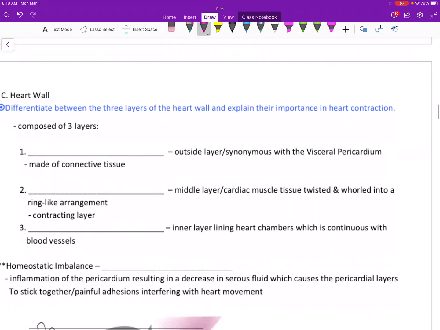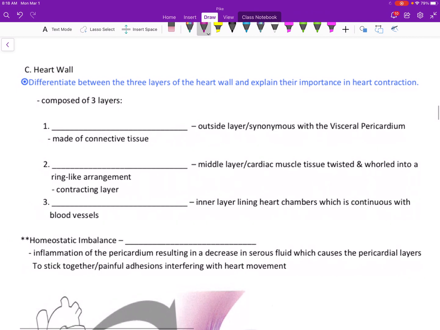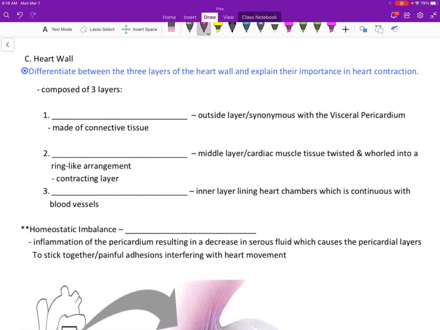Okay? And then the heart wall, we'll put the words in and then I will go show it to you on your picture. The heart wall itself has 3 layers also. So there's really 3 layers of wrapping paper, and there's 3 layers of the heart wall. But altogether, there's only 5 layers because 2 of them are the same.